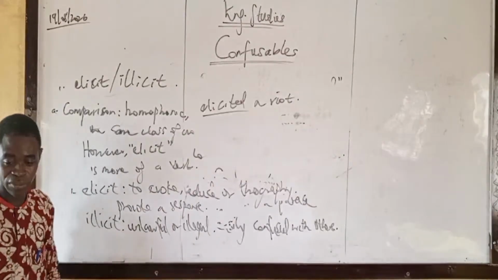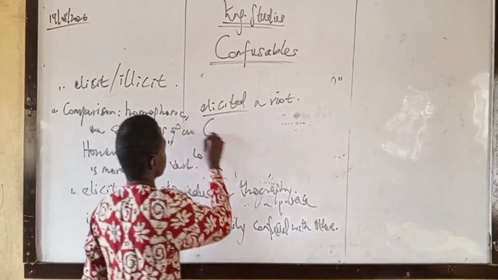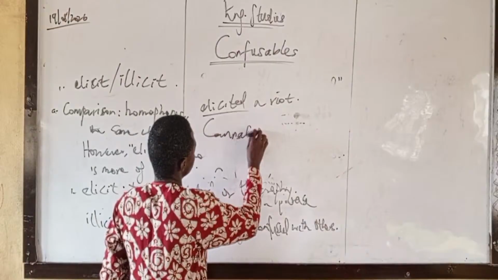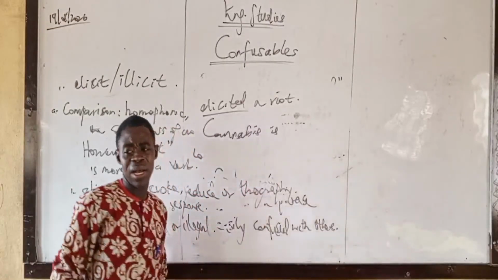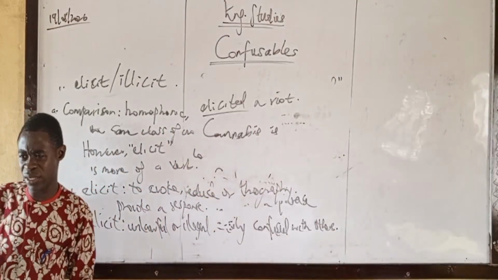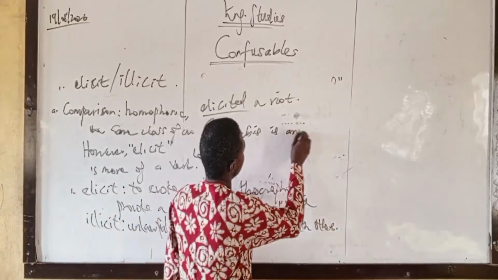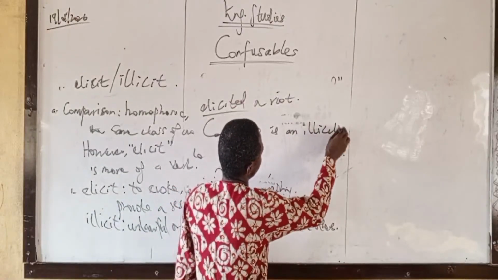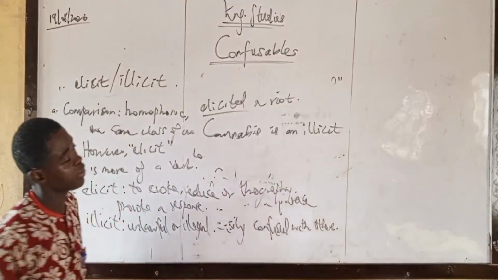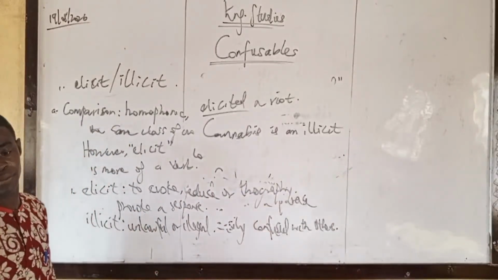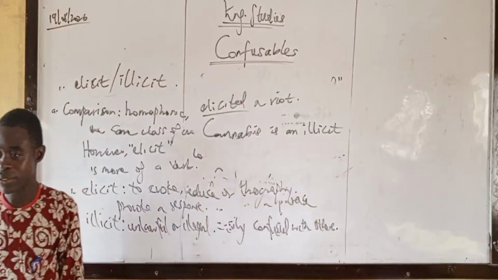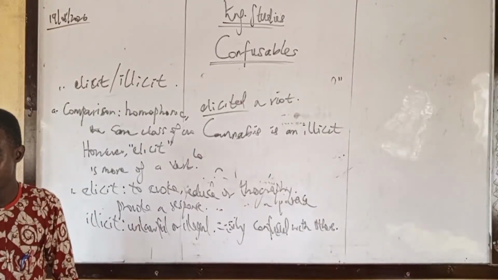The second example: Cannabis is an illicit drug in Nigeria. Yes, though people take it secretly. Did you get the word drug? Say drug for me.